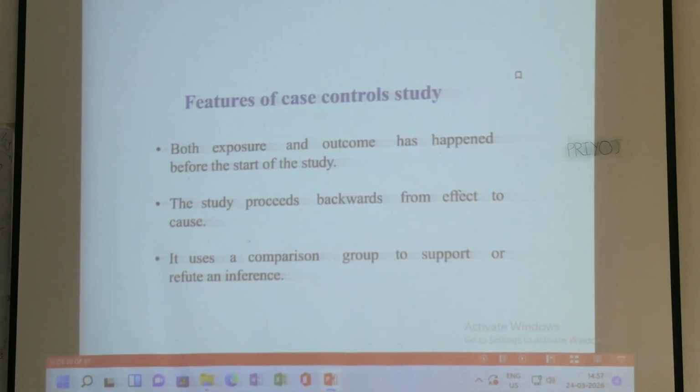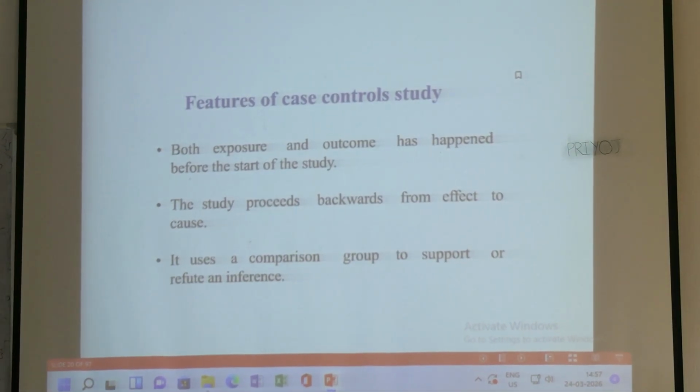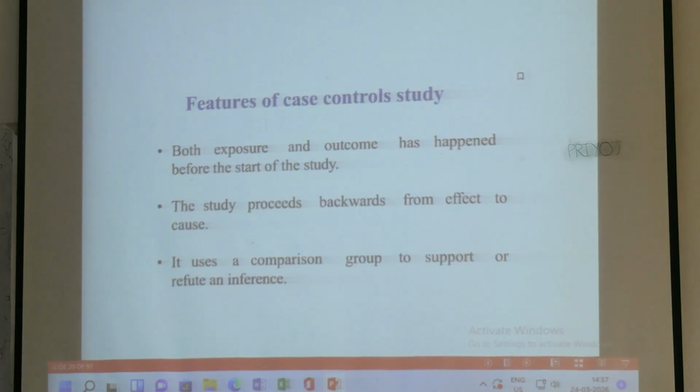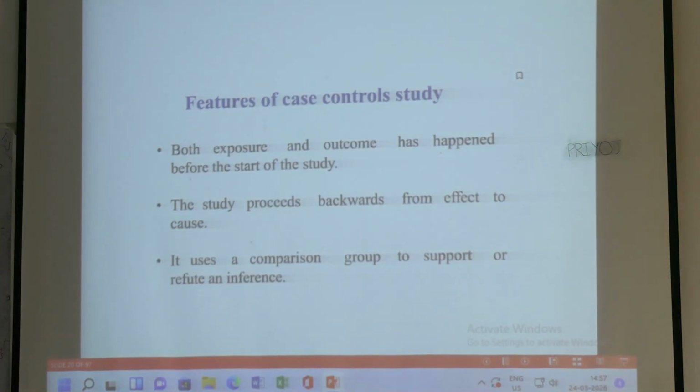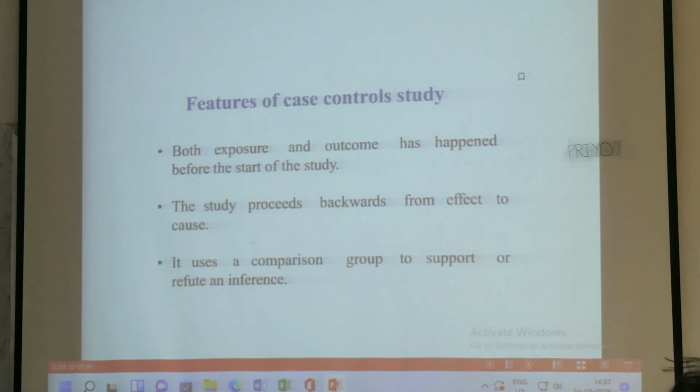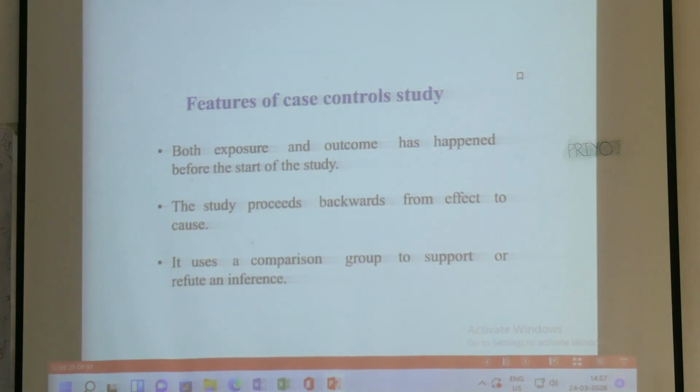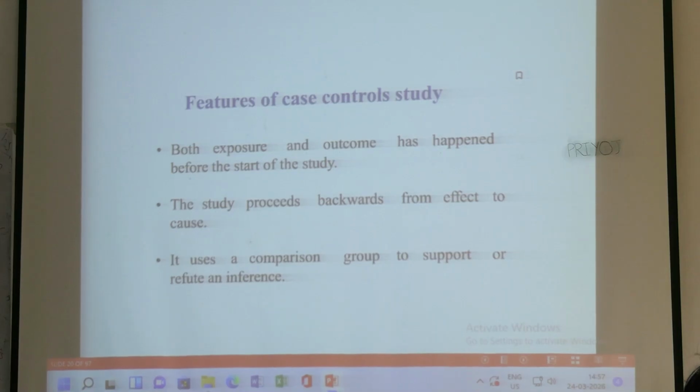So case control, both exposure and outcome has occurred, and the study proceeds backwards from effect to cause and uses a comparative group to verify or refute the evidence. Either you are supporting it or you are refuting it. Now, for example, Nipah.